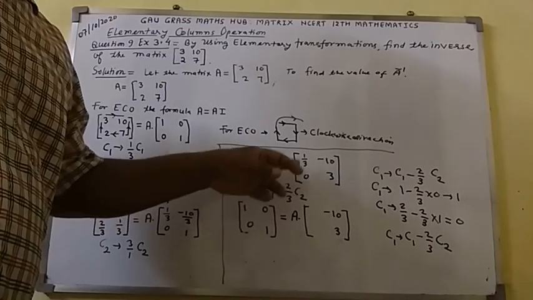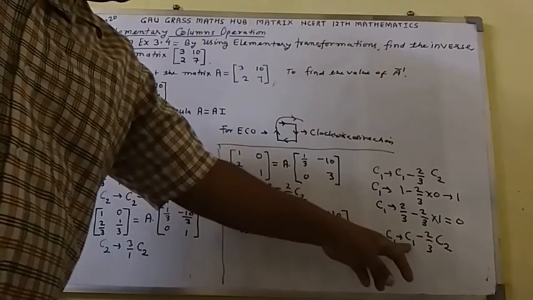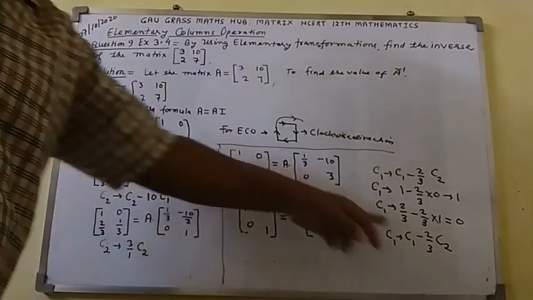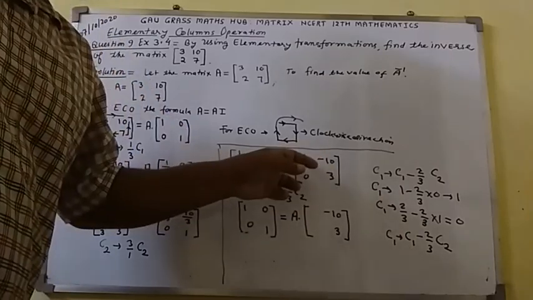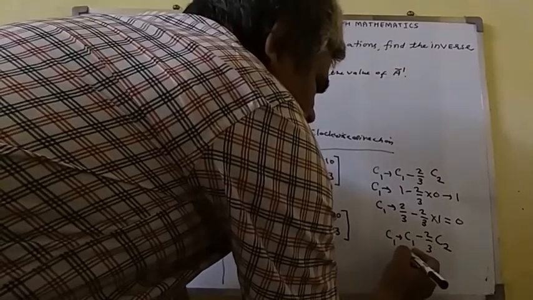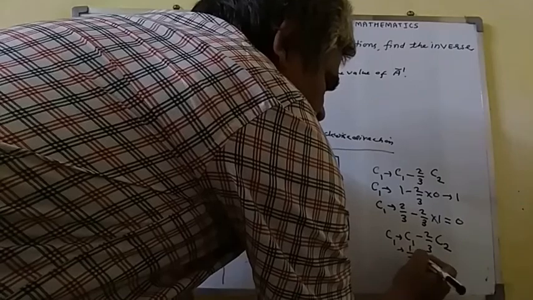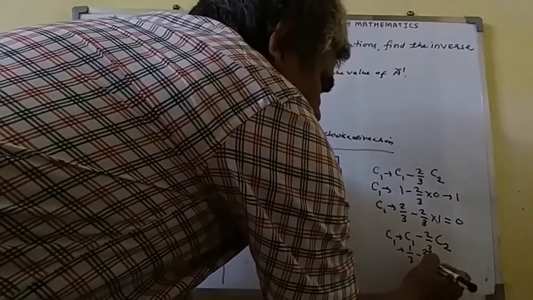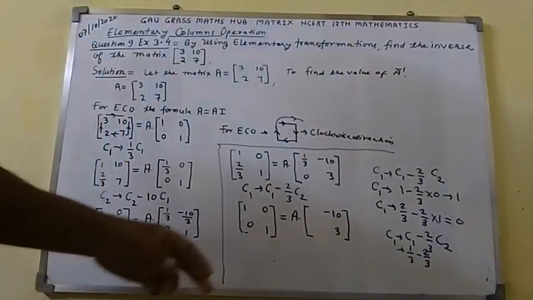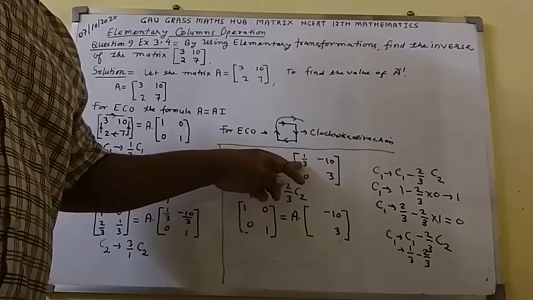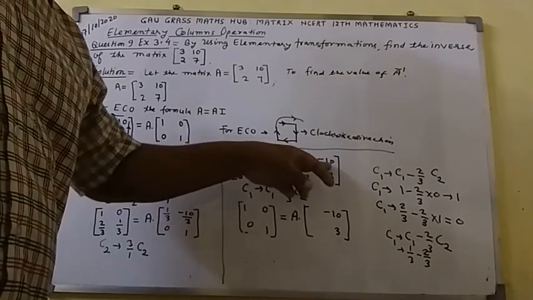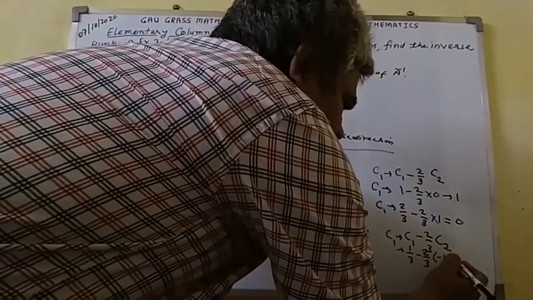And for C1, first of all take the value of C1 as it is, 1/3. So here write 1/3 minus 2/3 into the respective element in the column C2, here minus 10. So here minus 10.